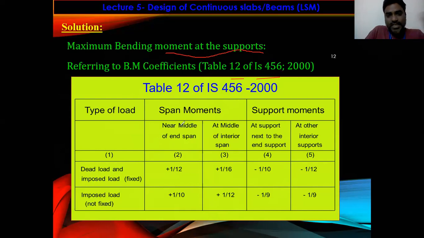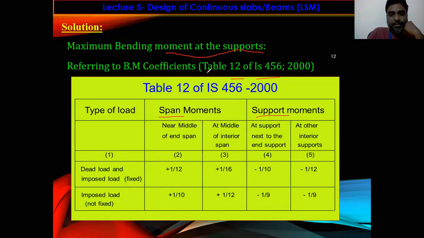As we discussed in the last class, there are two types of moments, span moments and support moments. Here he is asking to determine the support moment, that is the maximum. So you calculate the maximum support moments, meaning two support moments will come: at the support next to the end support, and at other interior supports.